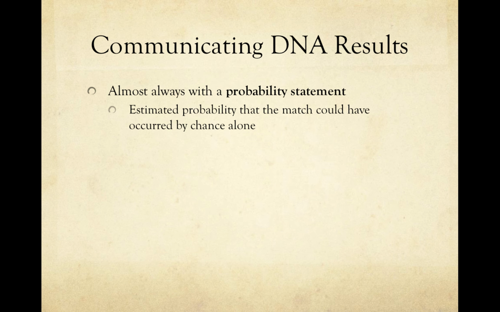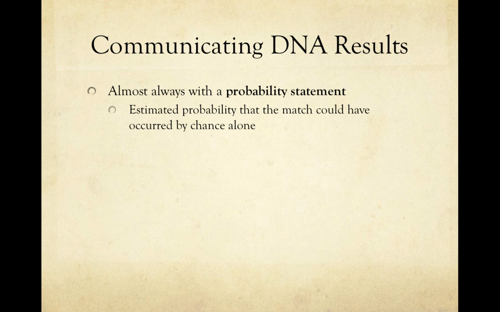So let's say that we have a match. How is this communicated to a juror? Because these calculations use massive databases, and they also take into account the frequency of each allele in the population, it allows us to make a match plus statistic or even an individuation communication.